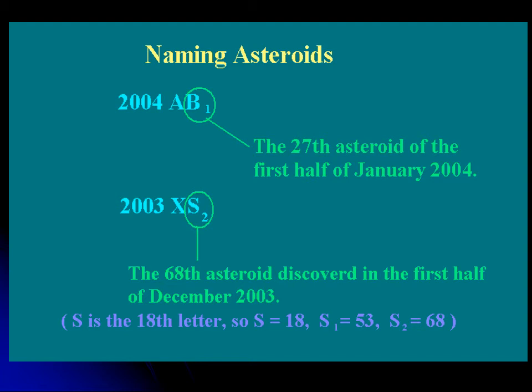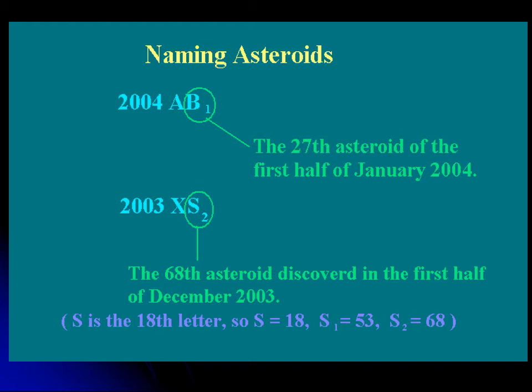If you get all the way down to the end of the alphabet again, AZ1, you go back and do AA2, AB2, AC2.